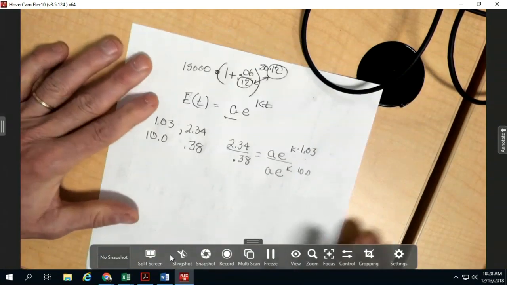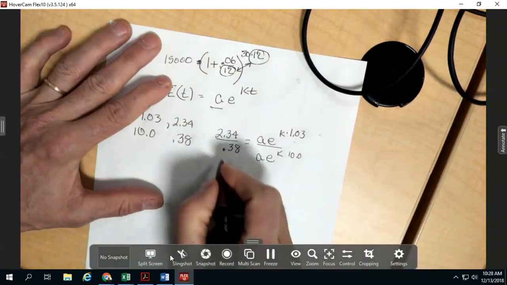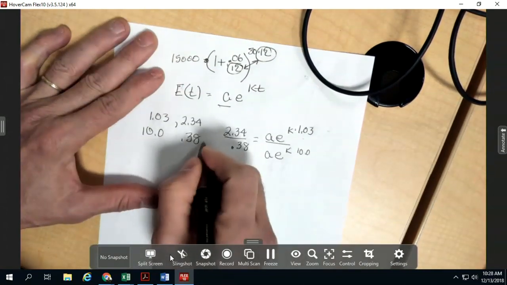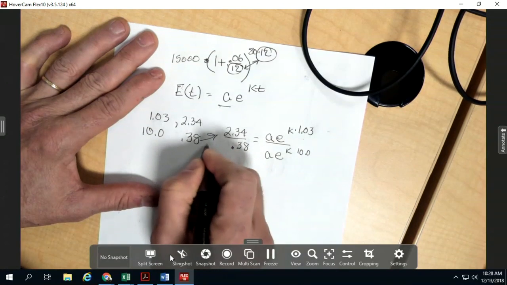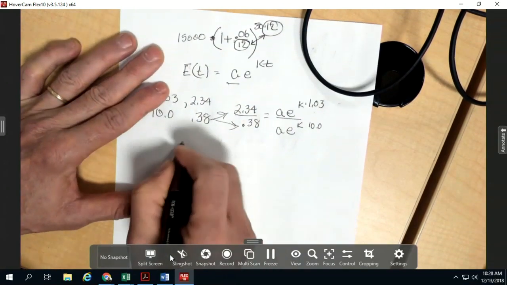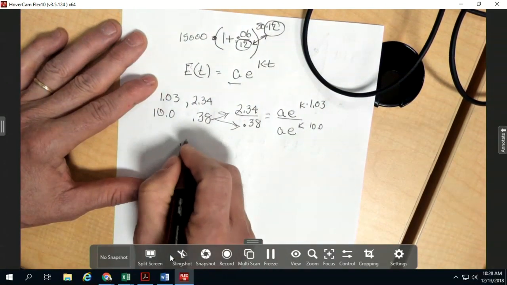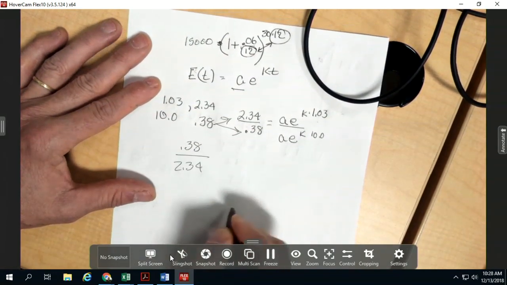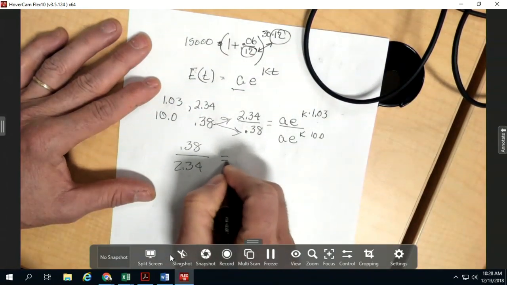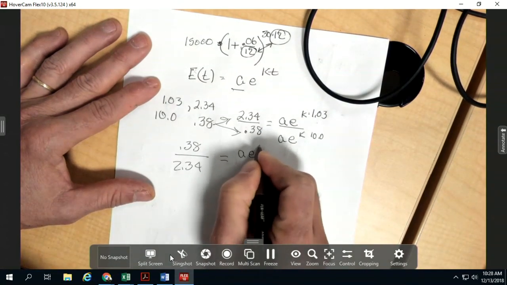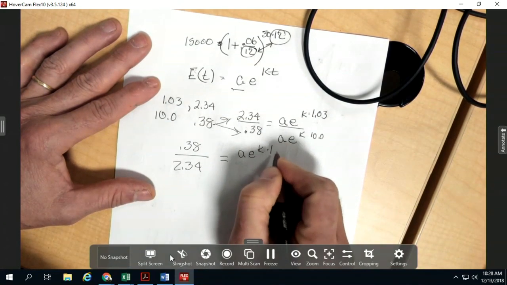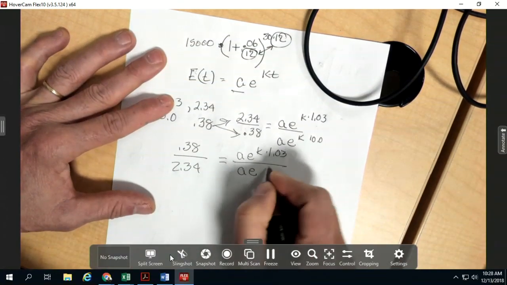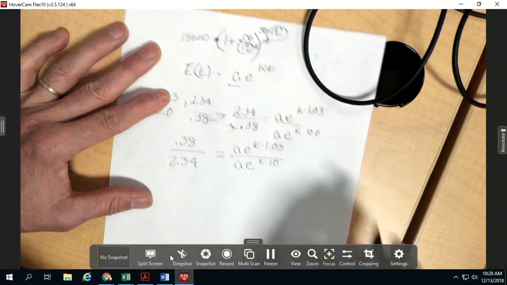You know what? I have this exactly upside down, because really I should have the second point on top and the first point on the bottom. So I'm just going to rewrite it so that it's in the right order. 0.38 is over 2.34 as a e to the k times 1.03 over a e to the k times 10.